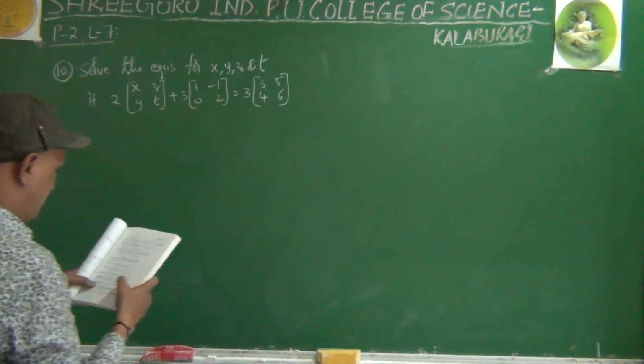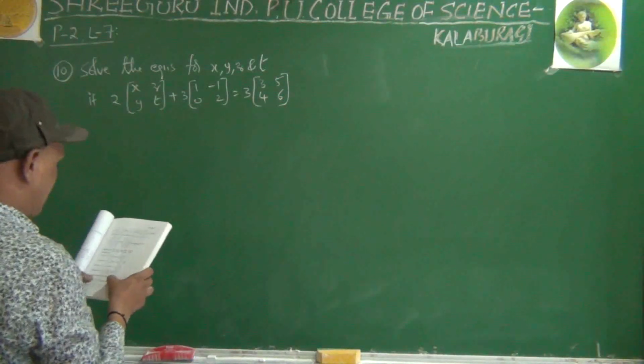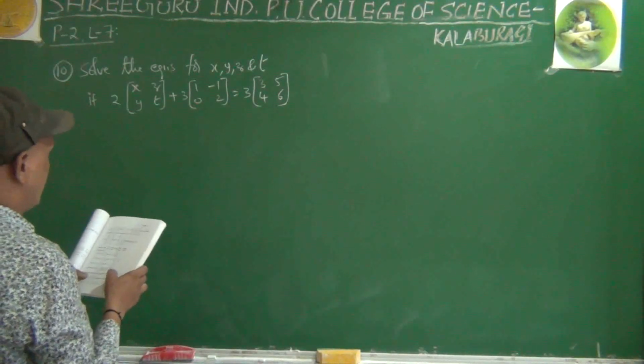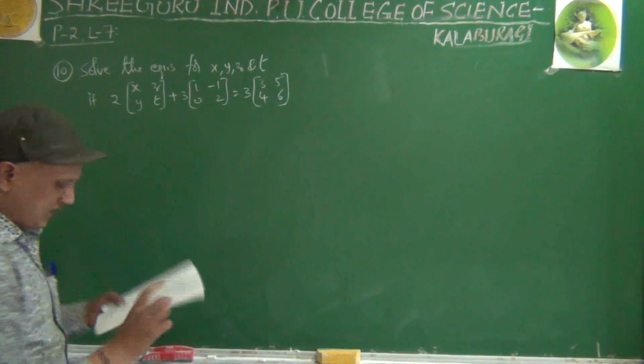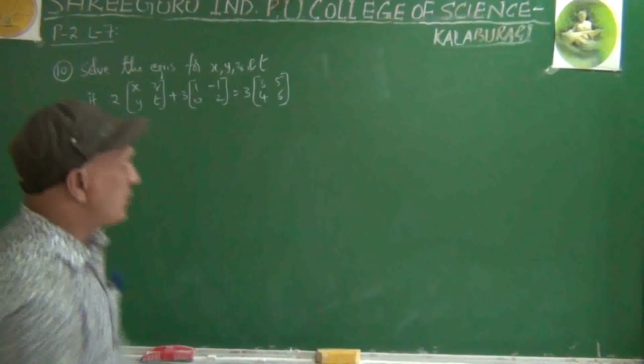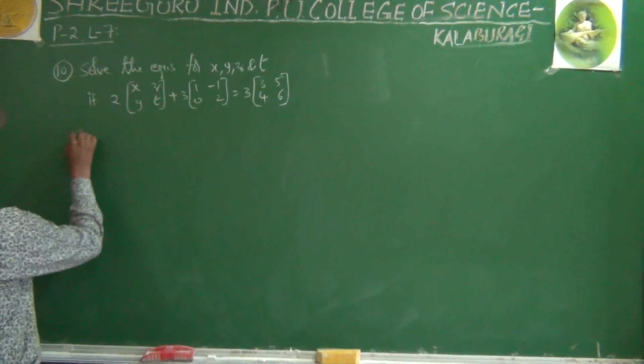Once again, 2 into x z y t, 3 into 1 minus 1 0 2, 3 into 3 5 4 6. Solve the problem with me, otherwise you can go ahead.